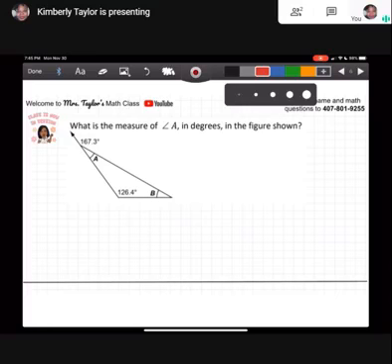So, it says here, what's the measure of angle A? Angle A is here. I can solve this problem two different ways. I notice right here, this is a straight angle.